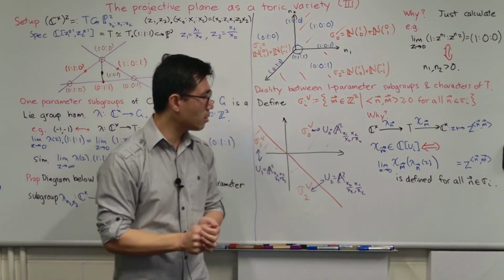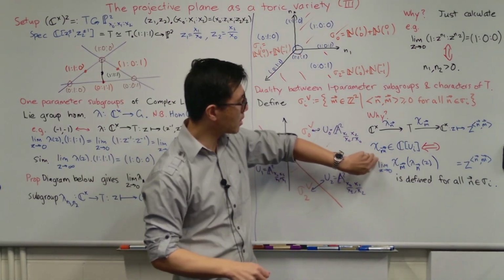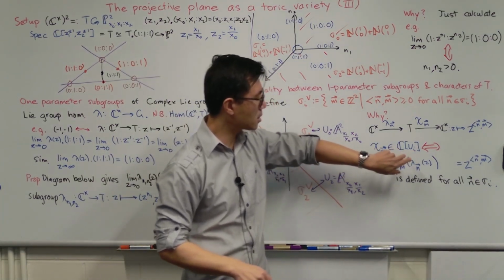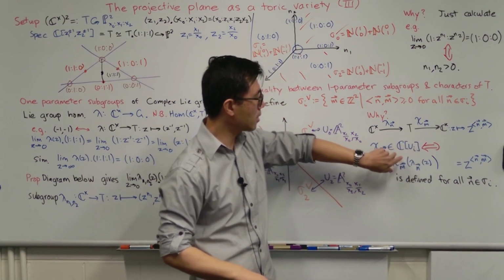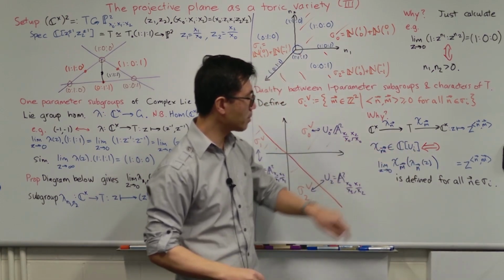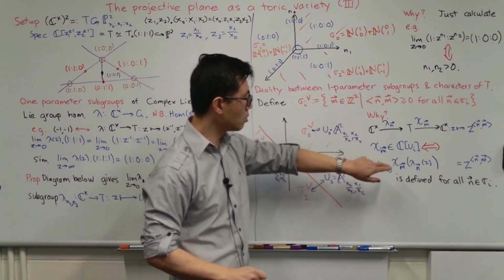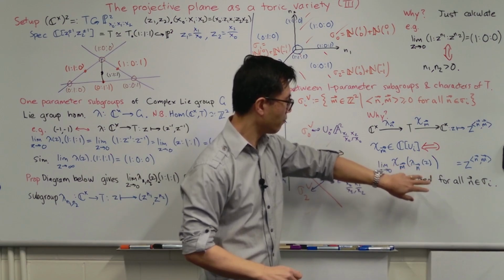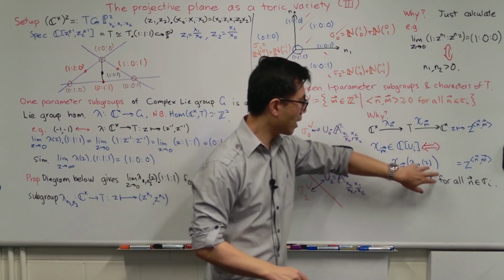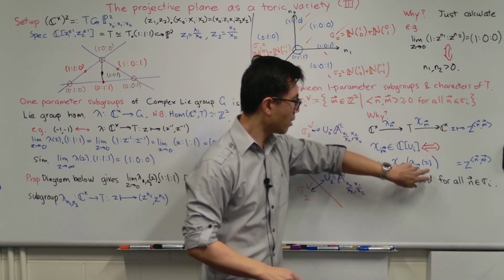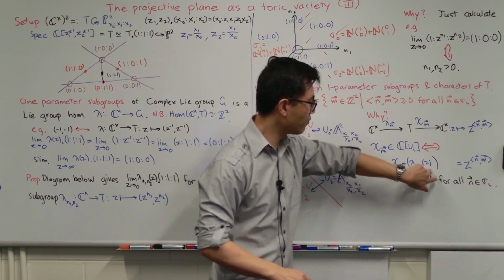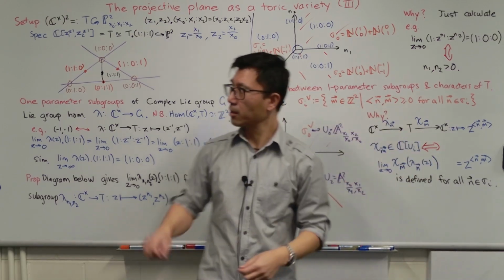In other words, this character chi m is inside this patch U_i. Defining that U_i means that, first, you look at those points which give you these orbits.